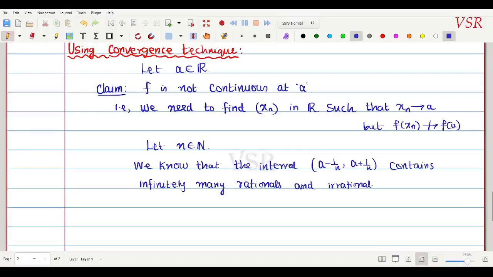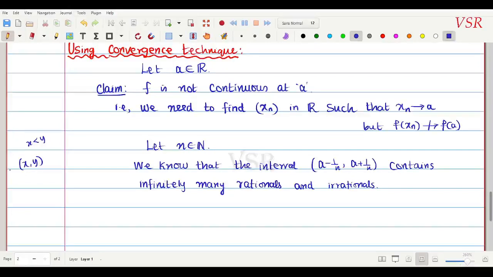Correct? This interval has infinitely many rationals and infinitely many irrationals. We have studied that between any two real numbers x comma y, where x is strictly less than y, there are infinitely many rationals and infinitely many irrationals.